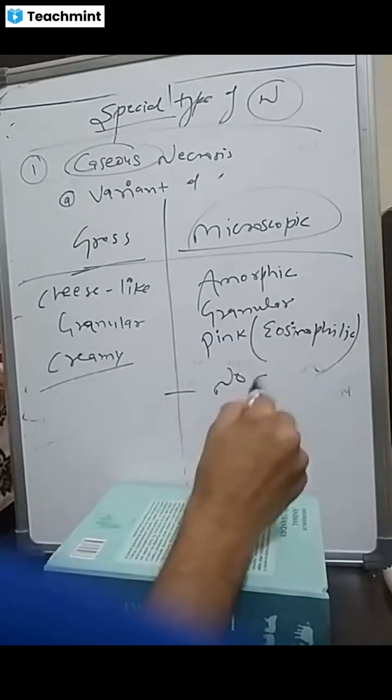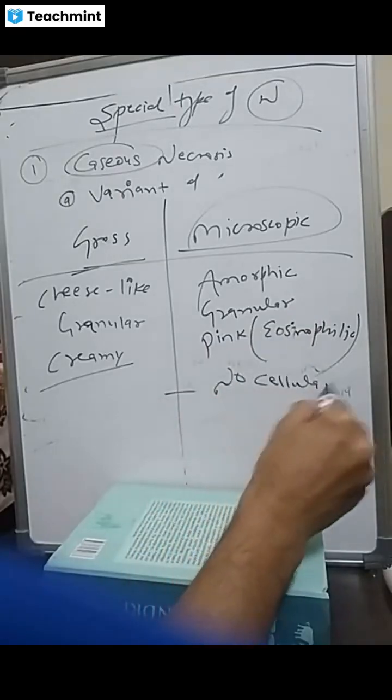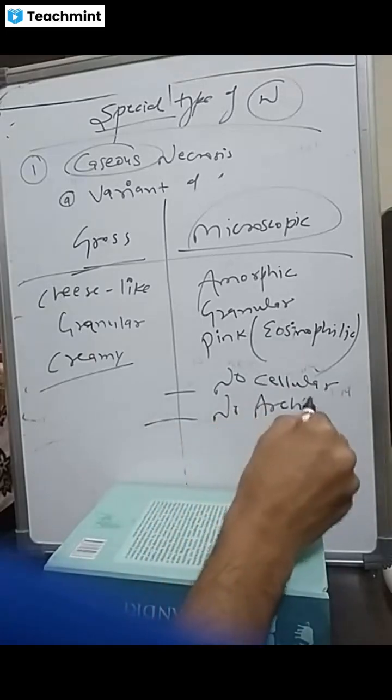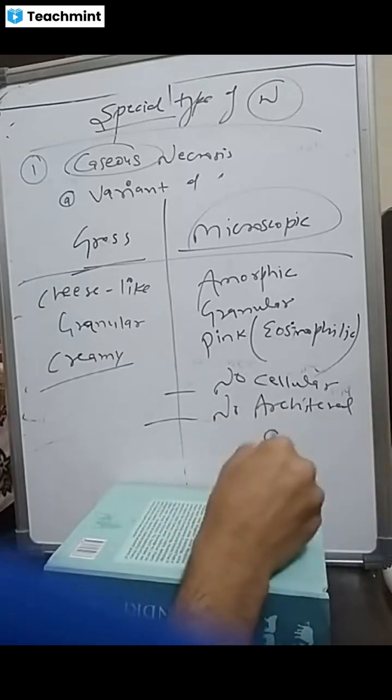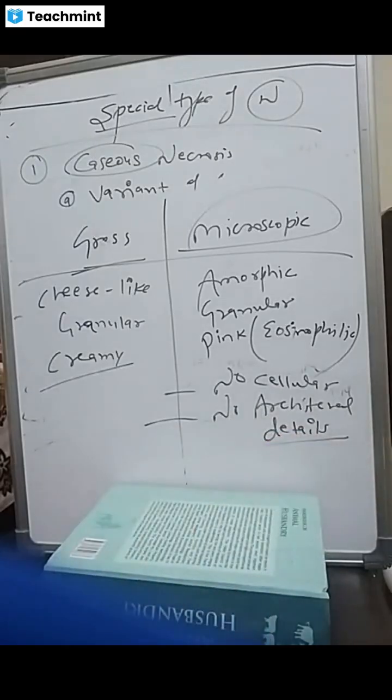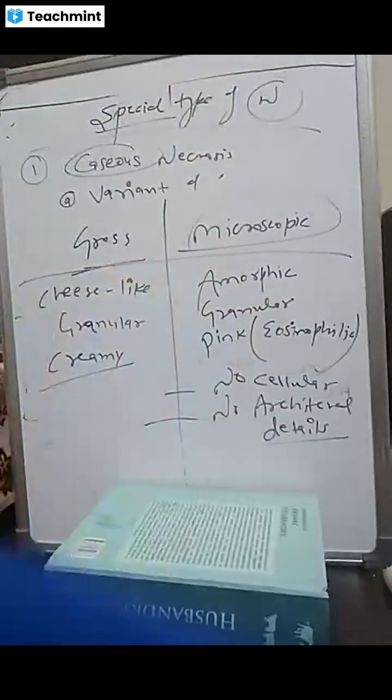There are no cellular details and no architectural details in caseous necrosis. An example of where it is found is tuberculosis.